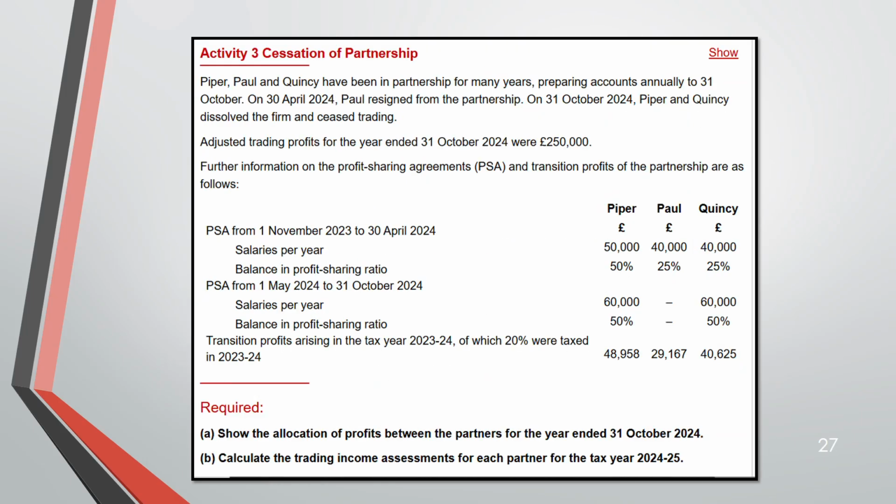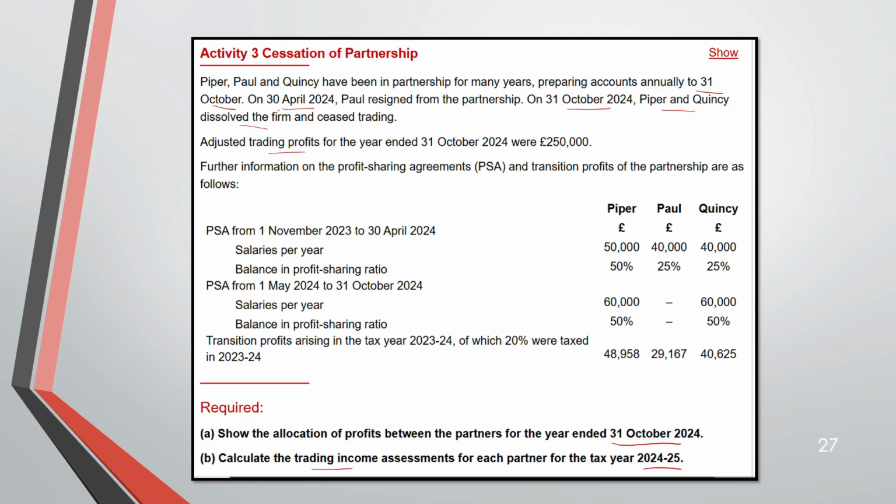Now activity 3: you have to show the allocation of profits between the partners for the year ended 31st October 2024, and calculate the trading income assessment for each partner for the tax year 24-25. This is about 3 partners preparing accounts to 31st October. On 30th April, Paul is resigning. On 31st October, the 2 partners are dissolving the partnership, that means ceasing trading.